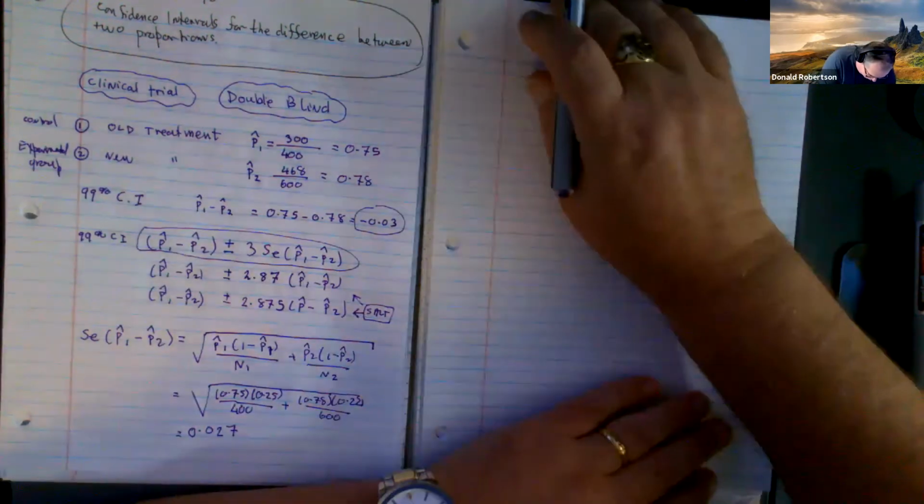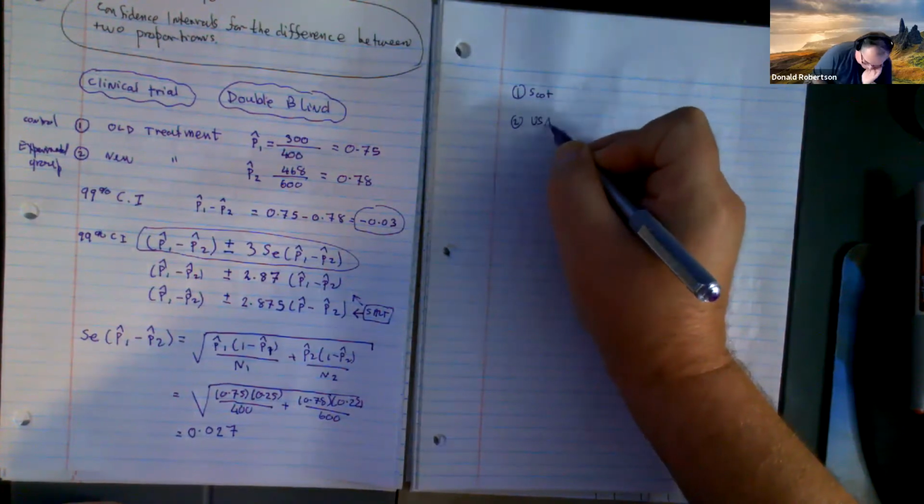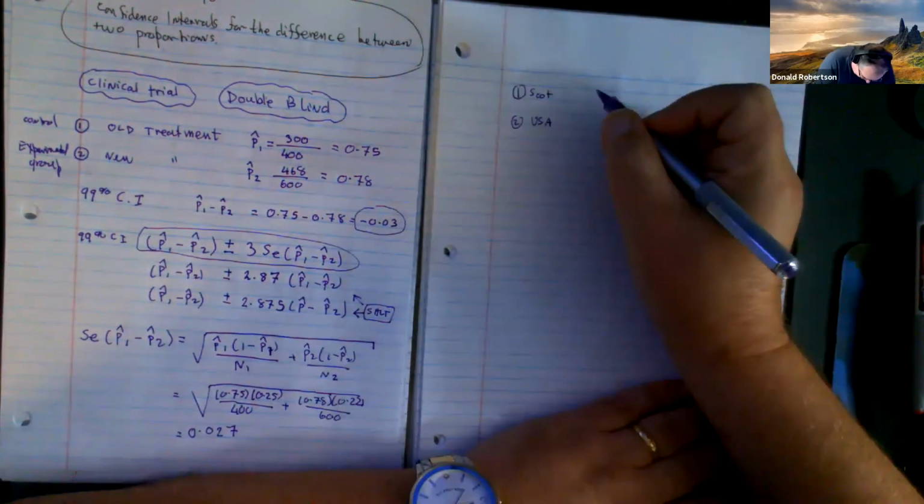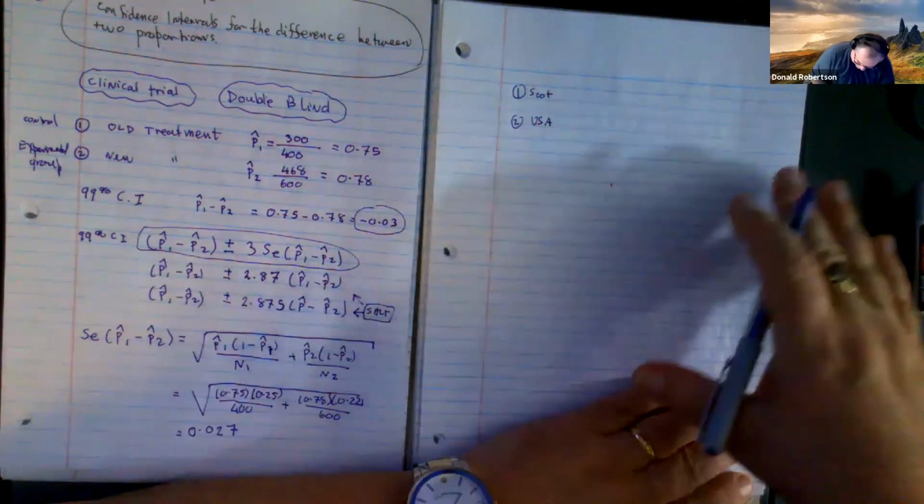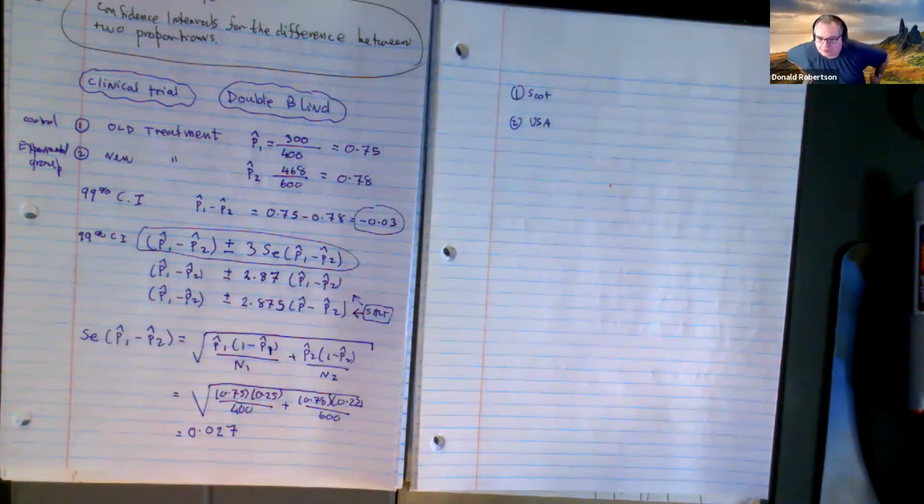A side job before we do another one of these without the whole numbers thing. Suppose I had group 1, we'll do Scottish people, and group 2, we'll do Americans. And we did a survey to find out what percentage of Scots and Americans still smoke cigarettes, right?